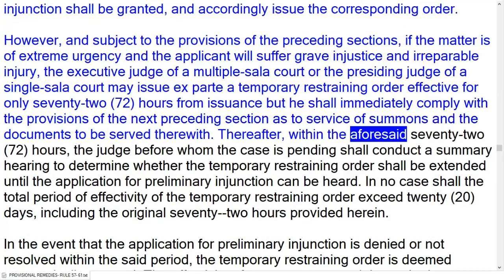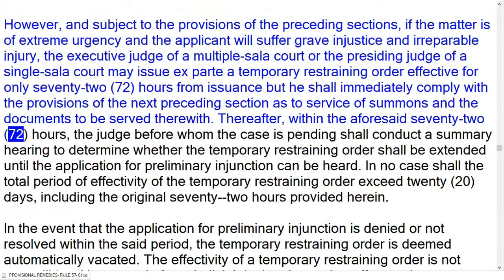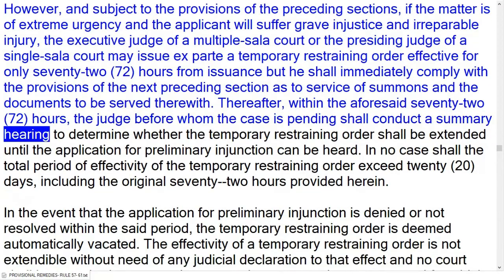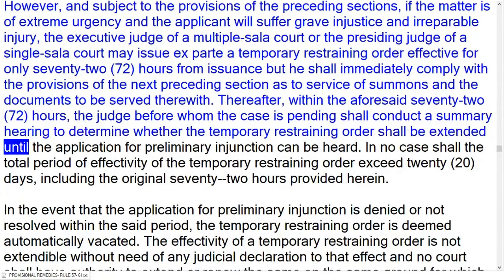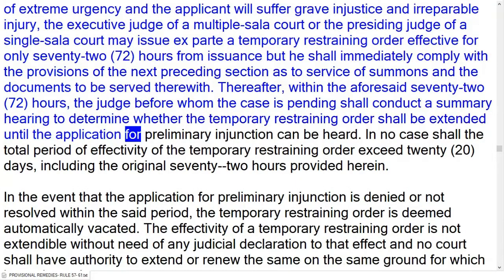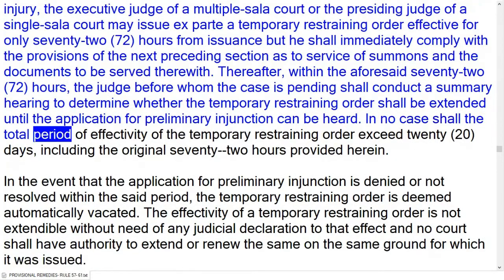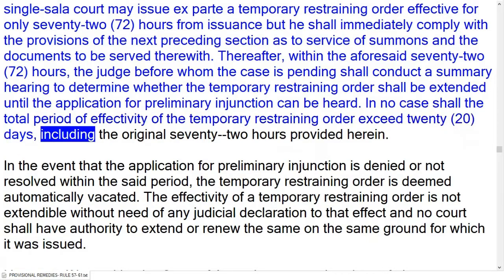Thereafter, within the aforesaid 72 hours, the judge before whom the case is pending shall conduct a summary hearing to determine whether the temporary restraining order shall be extended until the application for preliminary injunction can be heard. In no case shall the total period of effectivity of the temporary restraining order exceed 20 days, including the original 72 hours provided herein.